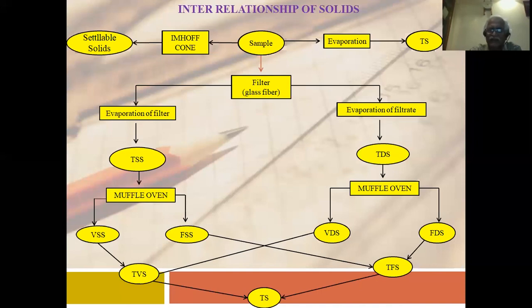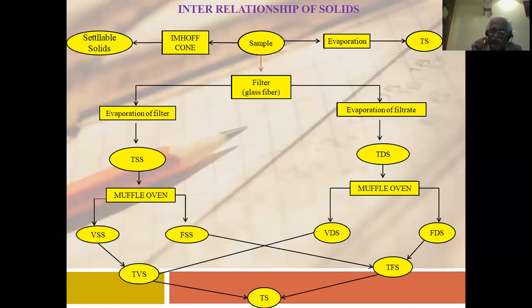Like that, you evaporate and you get the filtrate. Now this filtrate you are measuring. What is suspended solid has been taken out by the filter paper, so in the beaker, what is left? It is the TDS.